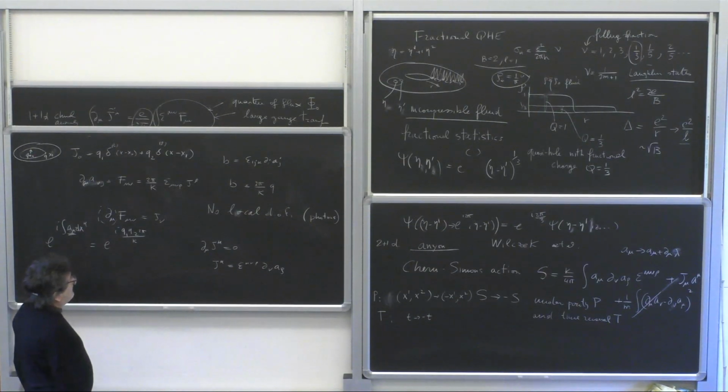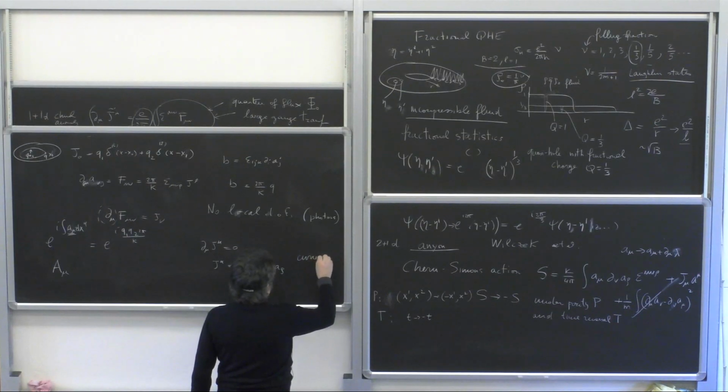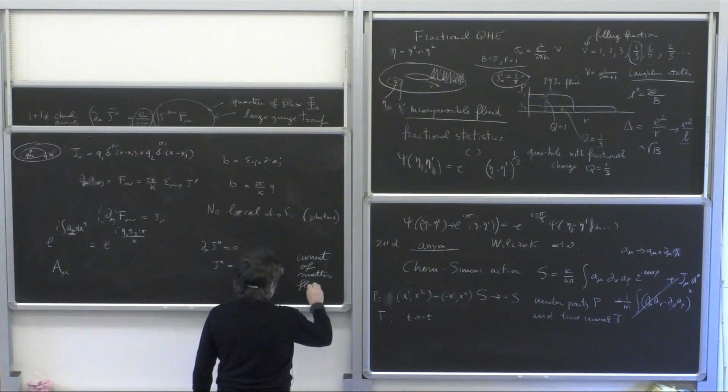So this is the current of small matter fluctuations.